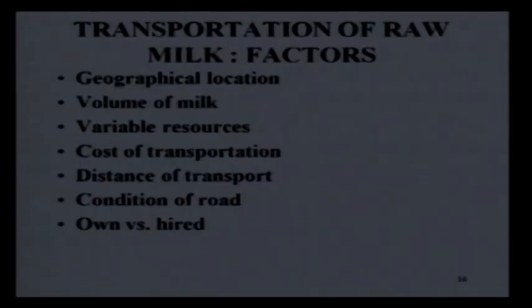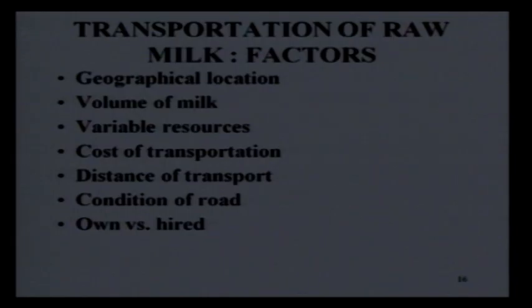Then we come to the transportation of raw milk. For transportation, what are the factors? Again, it's the geographical location, whether road conditions or rail conditions, and how the small operator or the big operator will be able to operate. So location is very important.